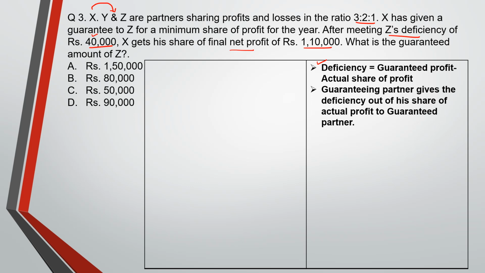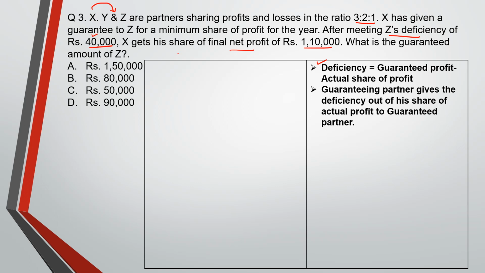So further, we will see who is the guaranteeing partner, this X. So X, the guaranteeing partner, gives from his share of profit the amount of deficiency of the guaranteed partner. So here X is giving that 40,000 to Z, which is a deficiency of Z.